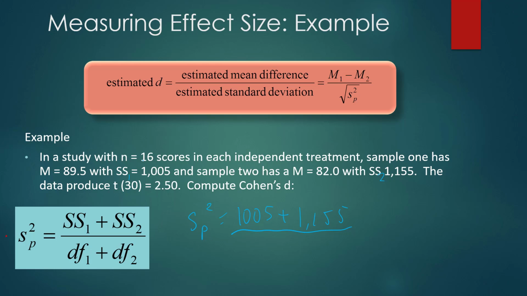We had an n of 16 scores in each sample, so the degrees of freedom is n minus 1, which is 15. So we had 15 in the first sample and 15 in the second, which gives us 2,160 over 30, which gives us 72.